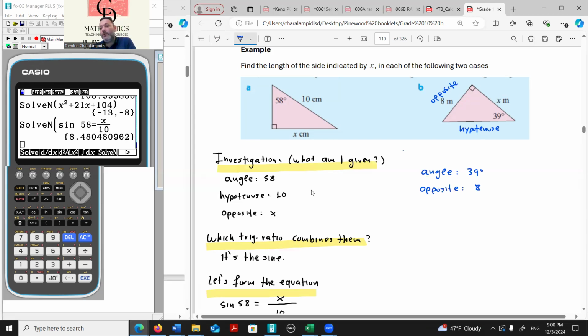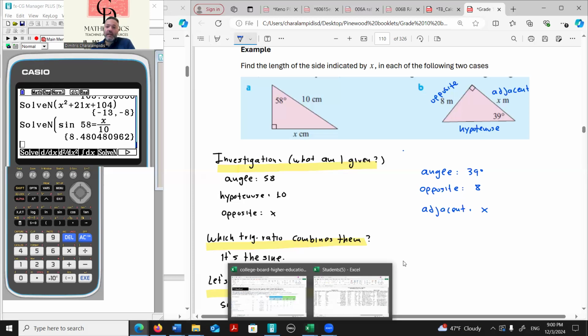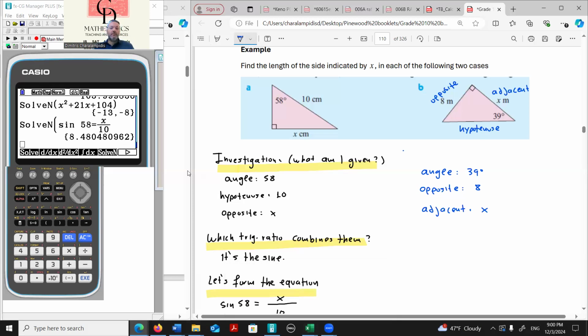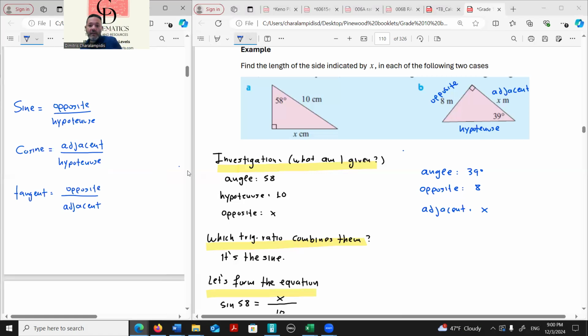And I can see that x, which is the adjacent, is also involved. Which trigonometric ratio, let's remember the rules, connects an angle, its opposite leg, and its adjacent leg? Angle, opposite, adjacent, it should be the tangent.